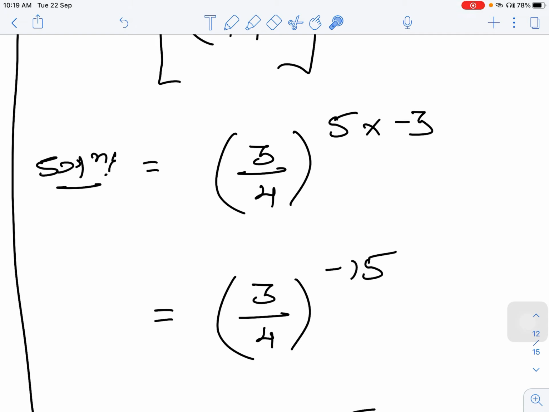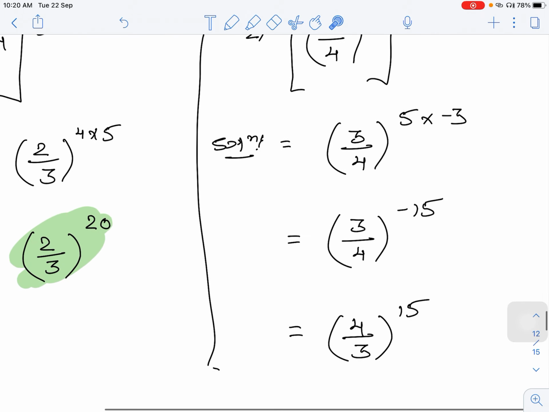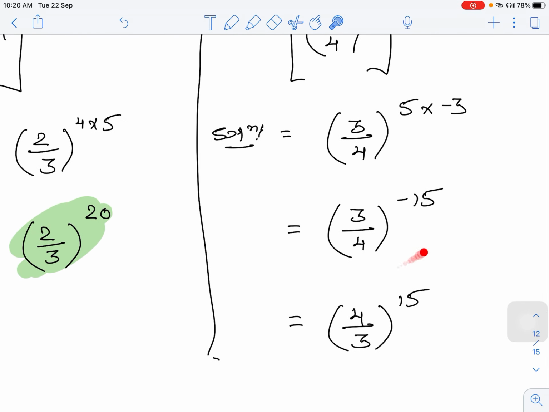So our answer is (3/4)^-15. Now this one is with negative power. If you want to write it with positive power, we will just take the reciprocal of this one. The reciprocal of 3 upon 4 is 4 upon 3 with the same power 15. So our final answer is (4/3)^15.